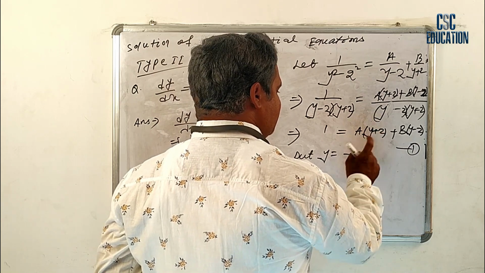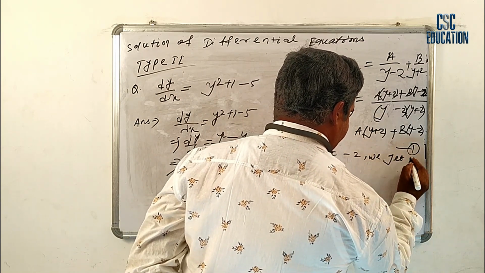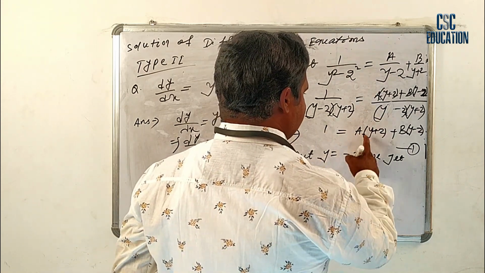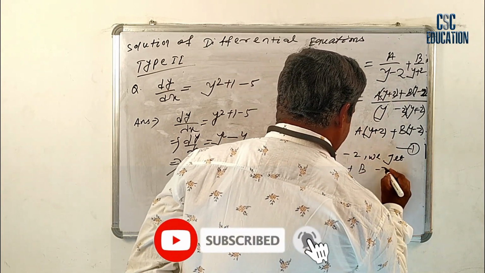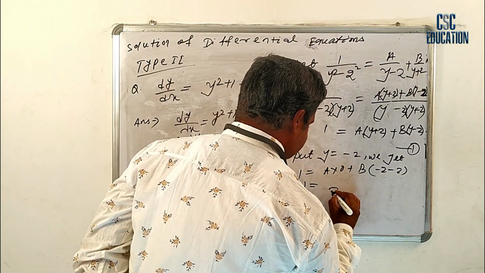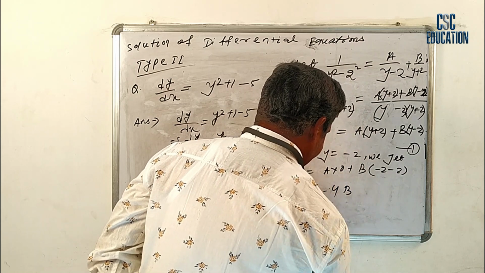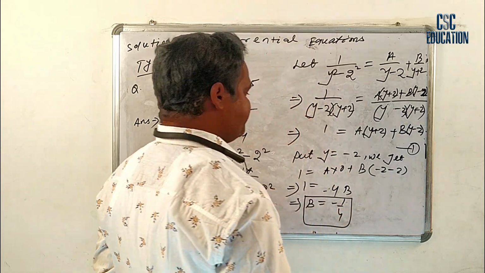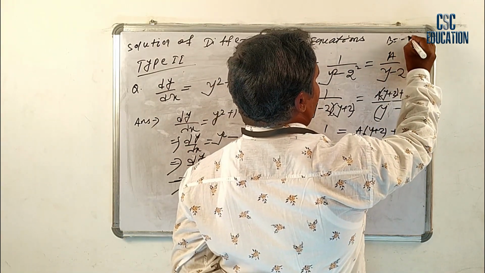Putting y equals minus 2, on the left hand side 1 equals a into 0 plus b of minus 2, that is minus 2b. So 1 equals minus 2b, and b equals minus 1 by 4.